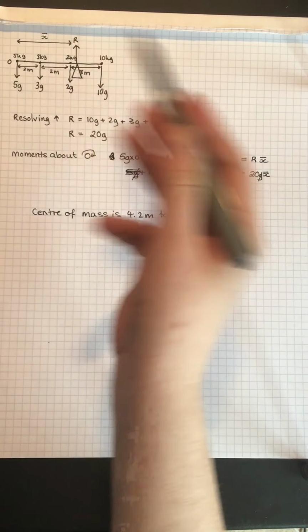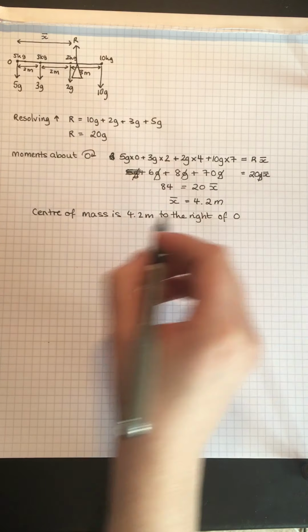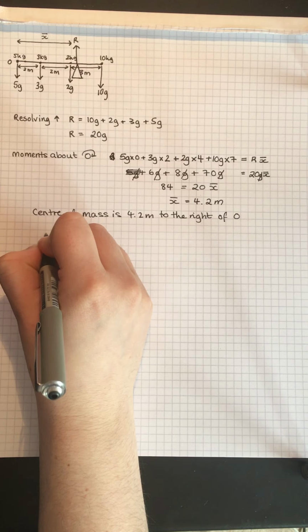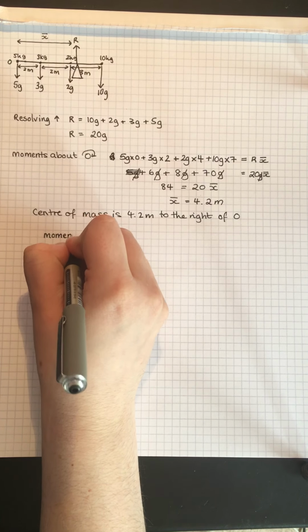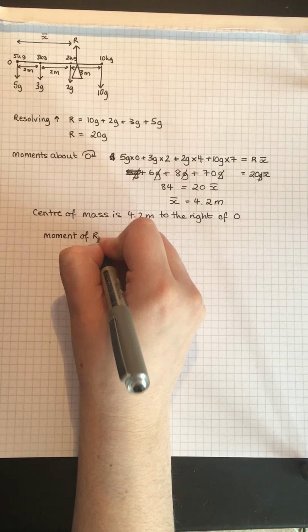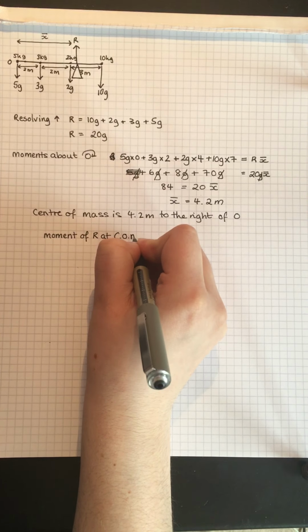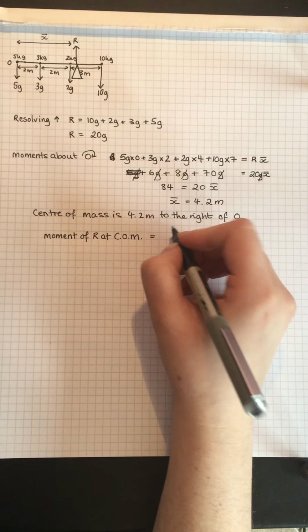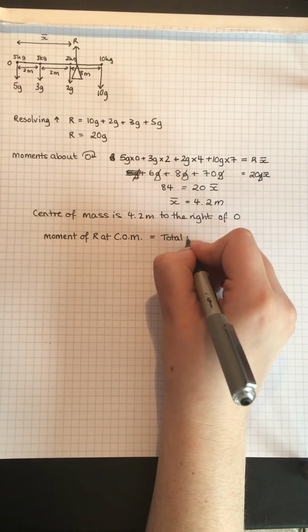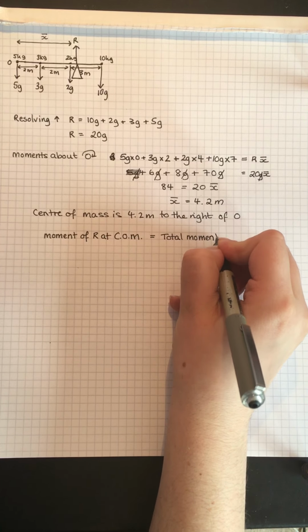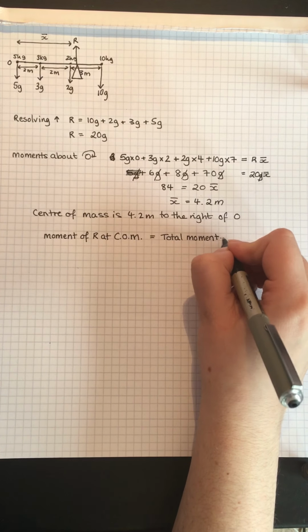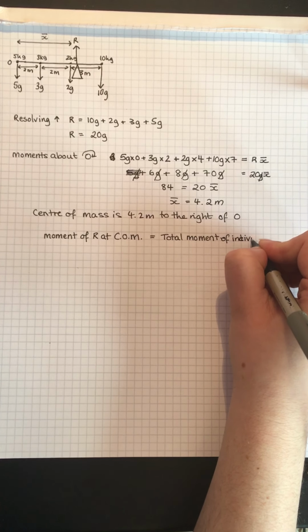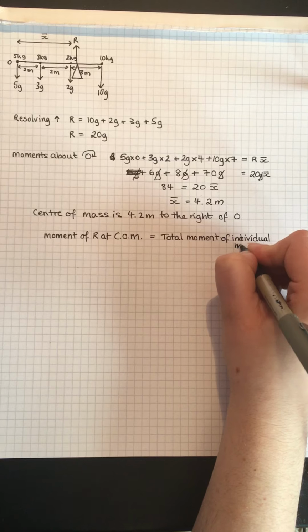So what we were trying to find here, on this side, this was the moment of R at the centre of mass, because that was the point we had to put it at, and that was equal to the total moment of individual masses.